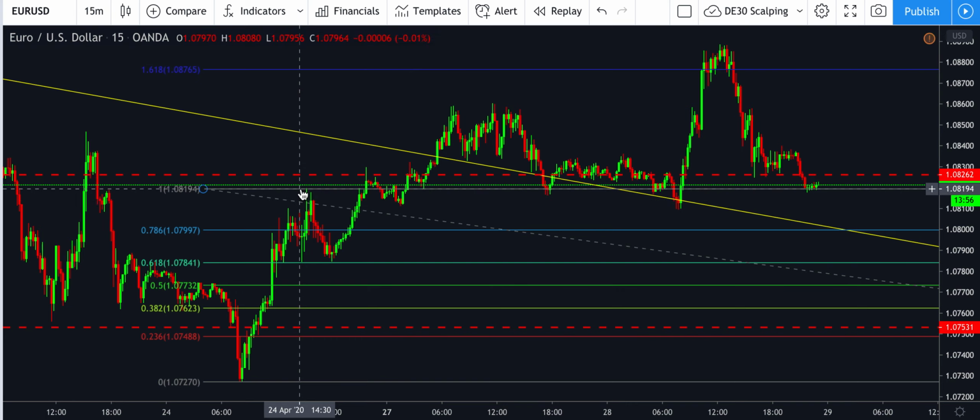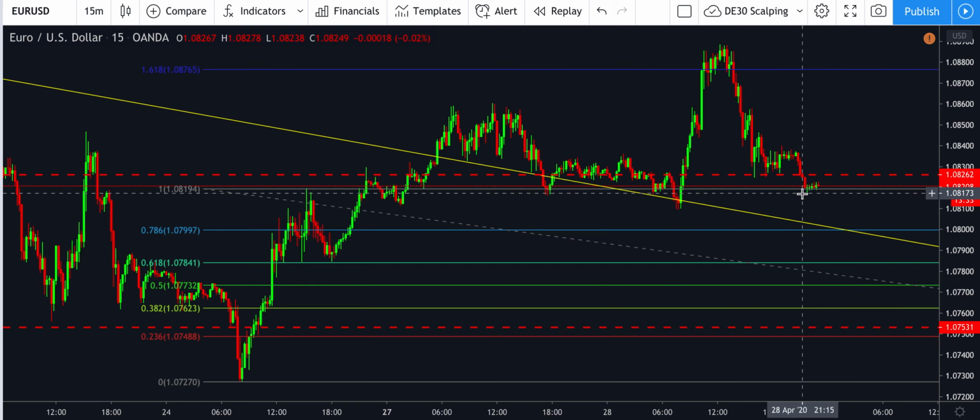This is the first wave, and it has been working as a strong support. Right now we are right at that support. This is a psychological level that is important to markets.